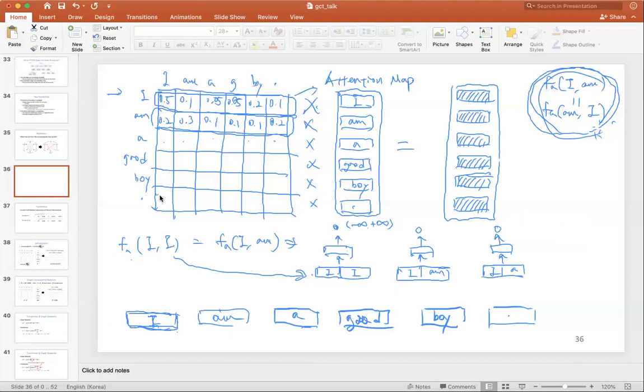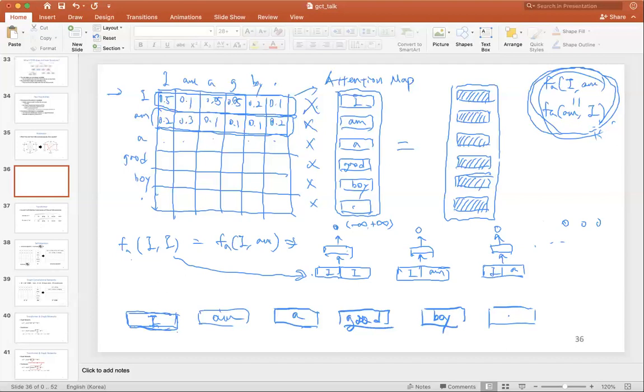But the important thing is that it is embedded through a hidden, nonlinear transformation, and you get a scalar value, and you do this 6 times. So you have 6 scalar values.